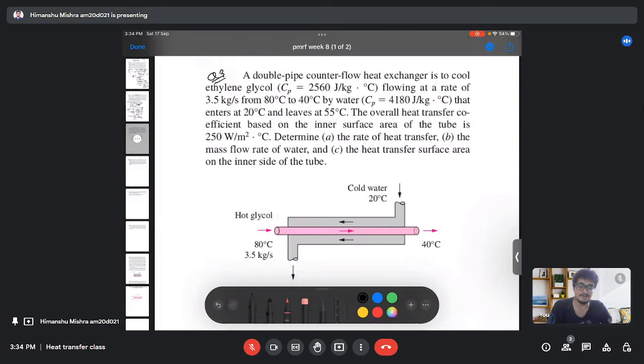So we don't need to find any temperature, like we did in the previous question. The overall heat transfer coefficient based on the inner surface area is 250 watt per meter square degree Celsius. We need to find the rate of heat transfer, the mass flow of water, and the heat transfer surface area.